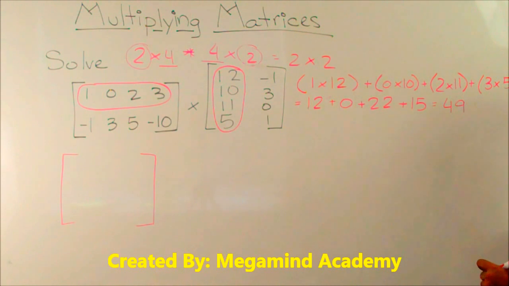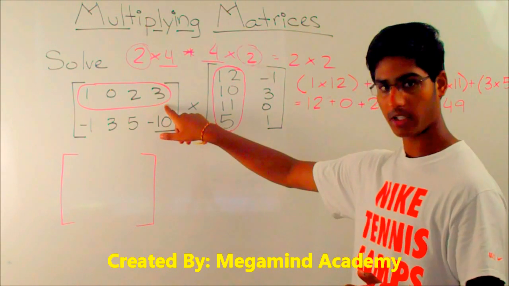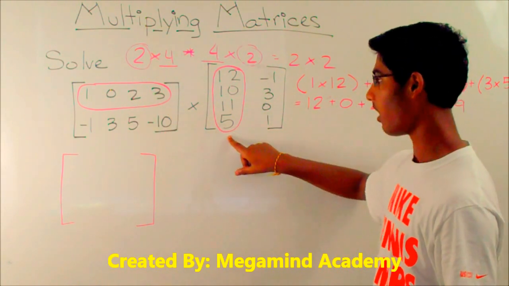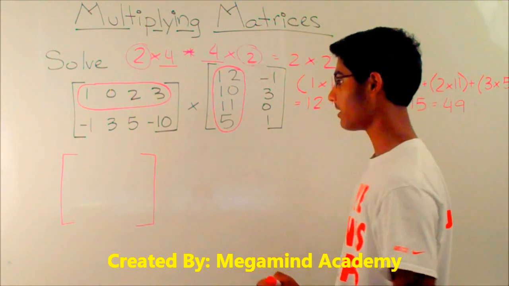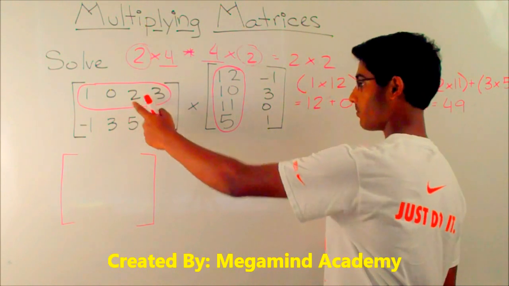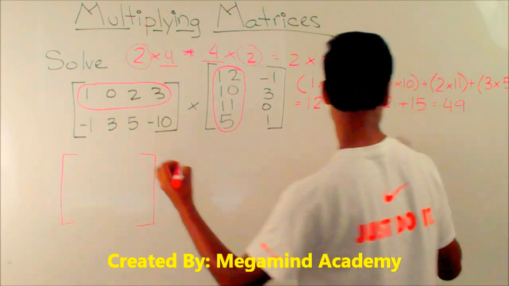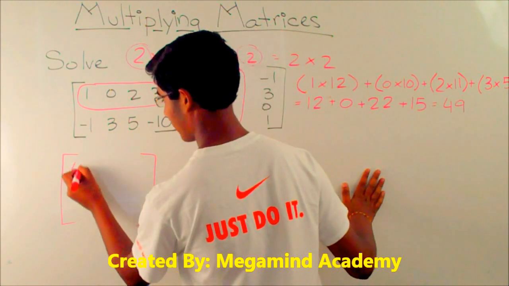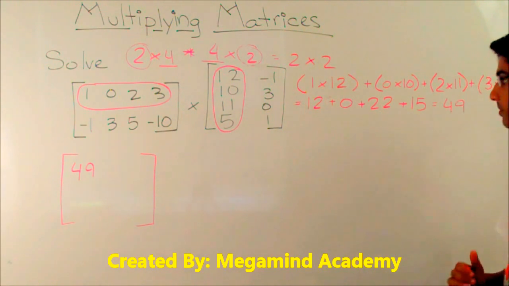That's another hard part, but it's sort of simple. We're multiplying with the top row here and the leftmost column, so it has to go in the top left section of the matrix. So the top row, left column: row 1, column 1. So 49 goes in row 1, column 1, that box.